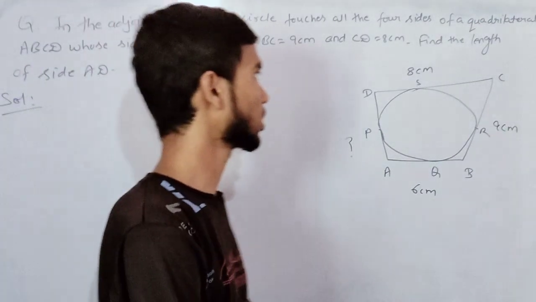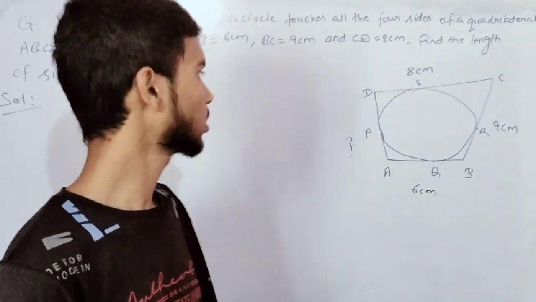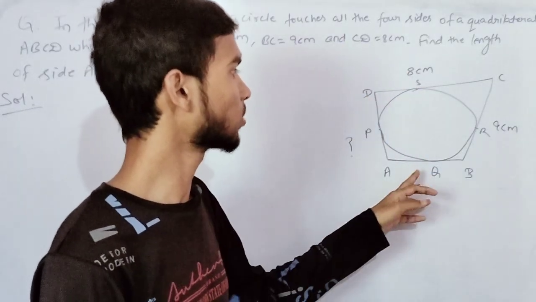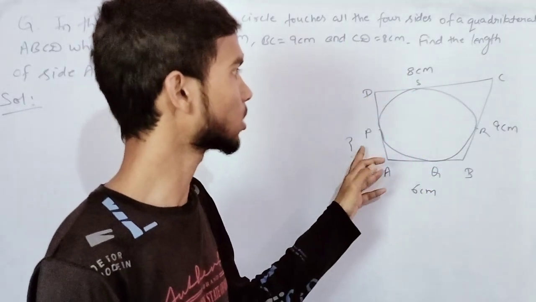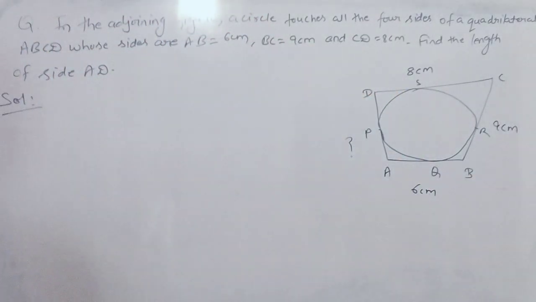So here, as we know, from the theorem, the sum of this and this is equal to the sum of this and this, isn't it? It happens when the figure is a quadrilateral.